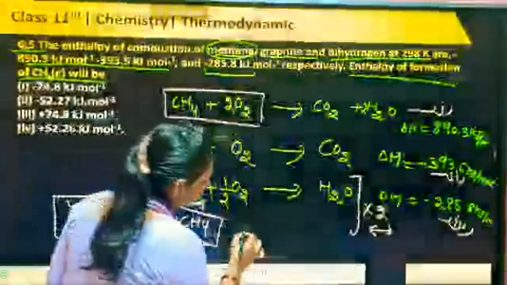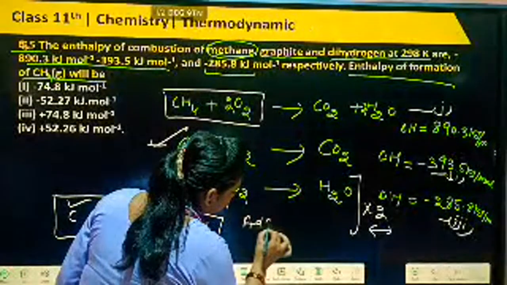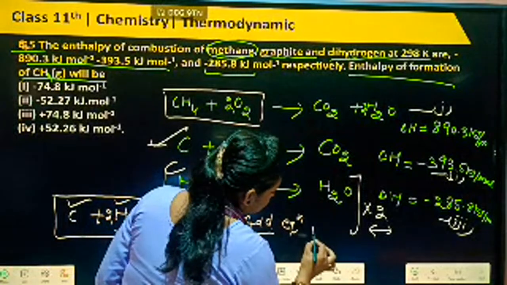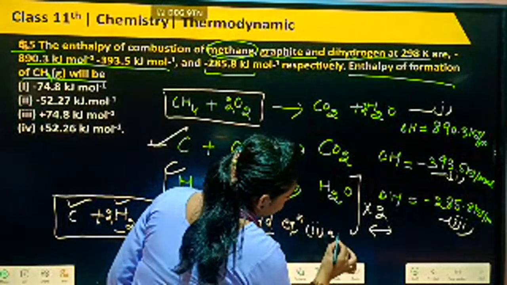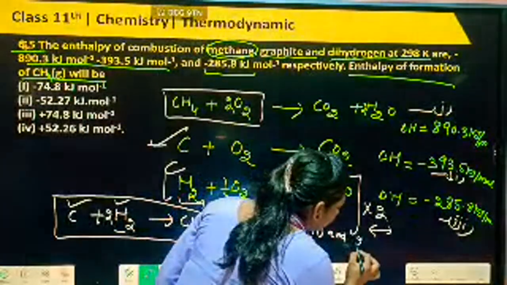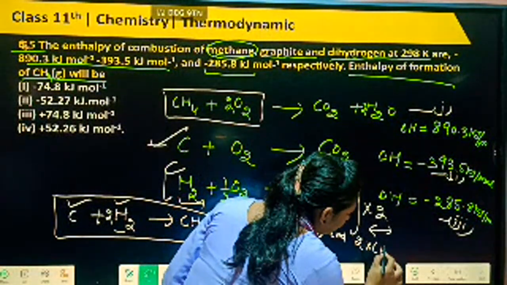You will add equation second and third, and the third equation you will first multiply by 2.